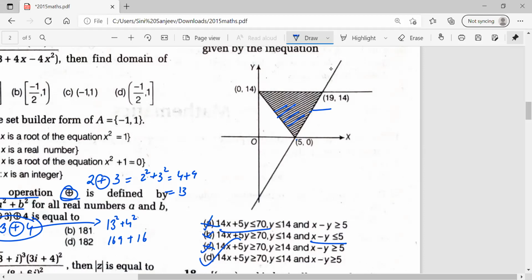Where is 14 coming here? 14x plus 5y. It's coming somewhere here, right? This is my 5, correct? It is less than or equal to 70. Obviously, it should be greater than in this thing for the x value. How many of you understood this question? Yeah, shading part.